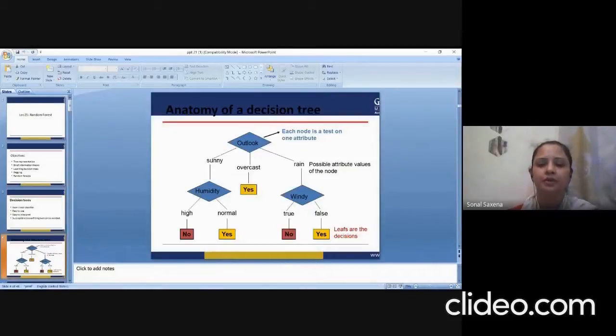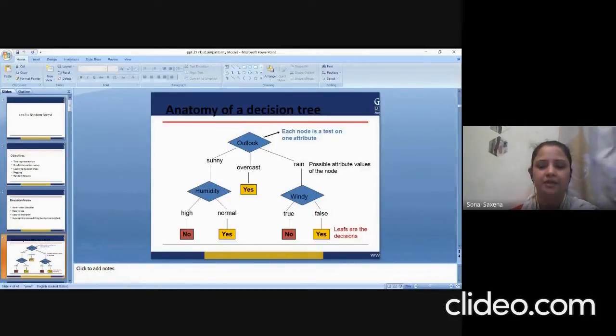The blue diamond shapes that you're seeing are considered to be nodes, and here each node is a test on one attribute. After testing, there are possible attribute values of the nodes that we can see, like for outlook we can have sunny, overcast, or rain.